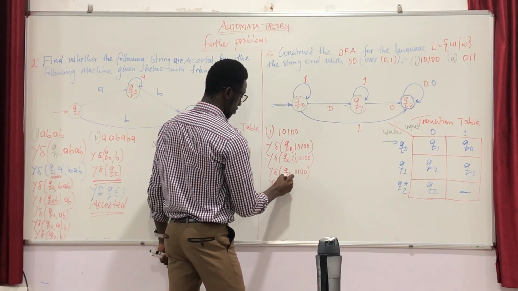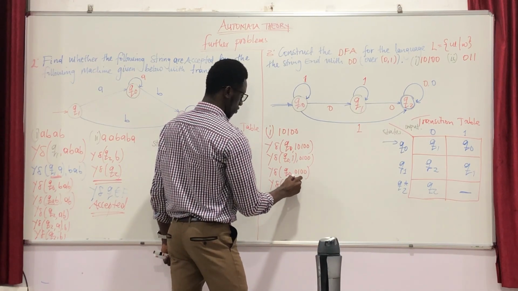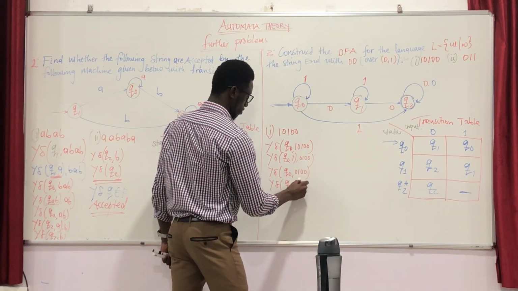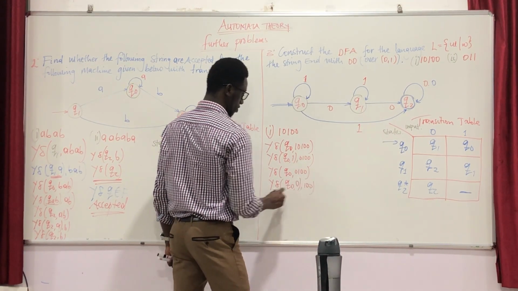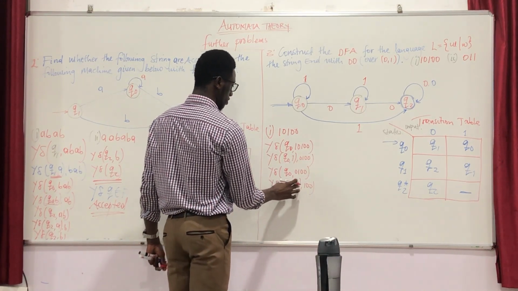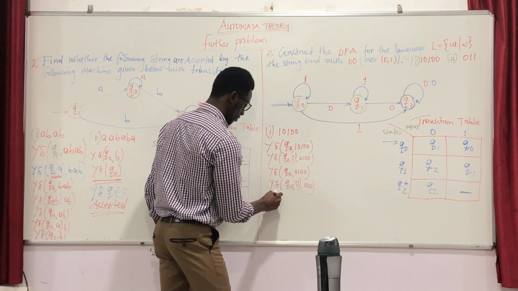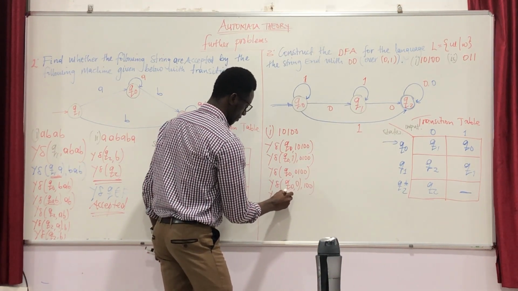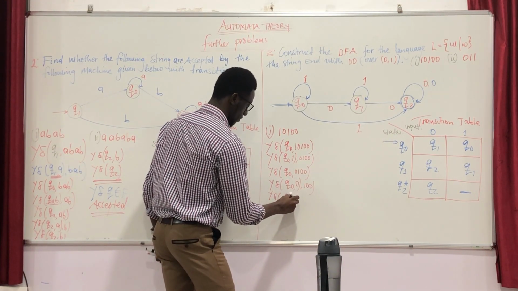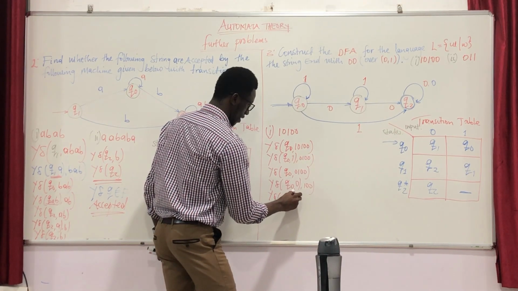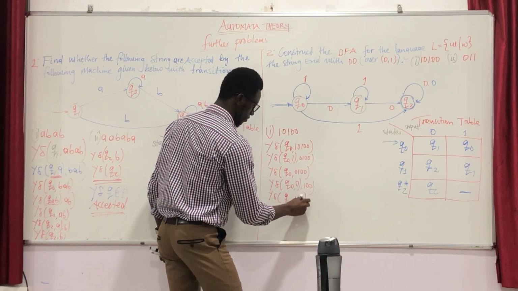Then Q0 on 0 is Q1, so it's Q1, comma, 1, 0, 0.